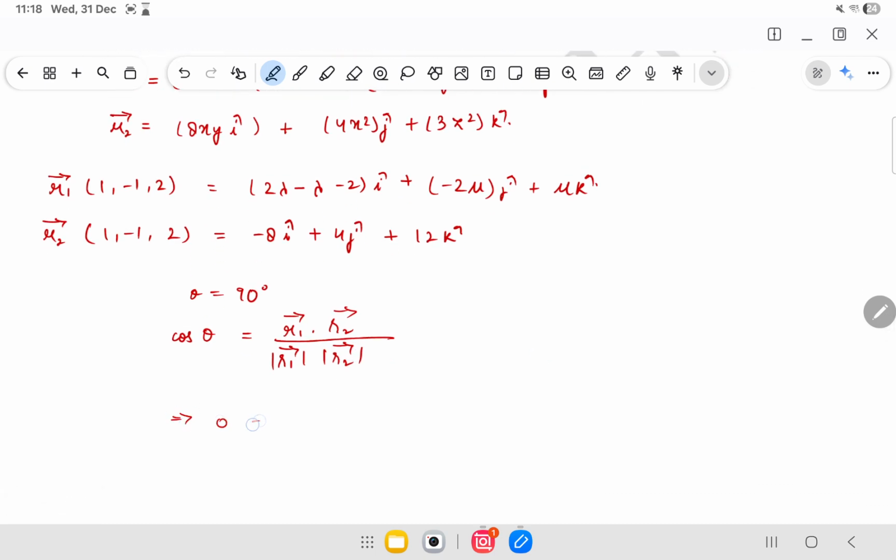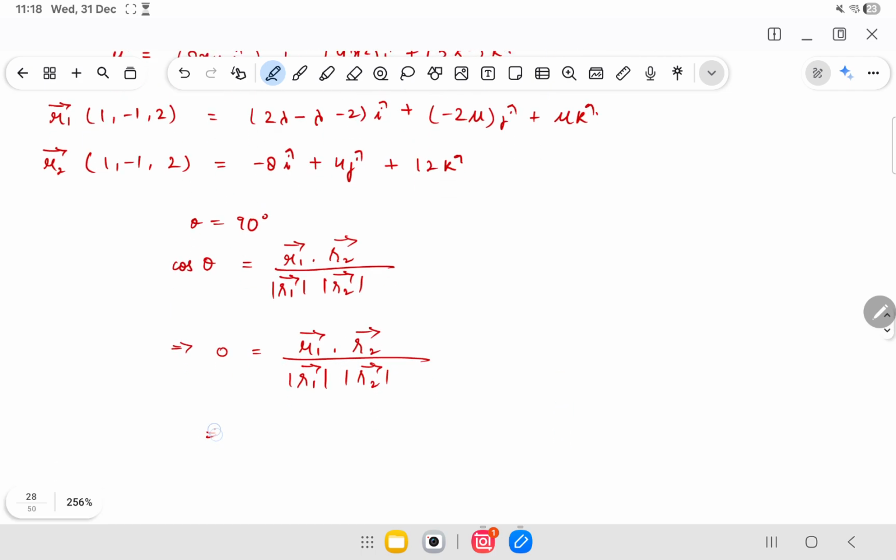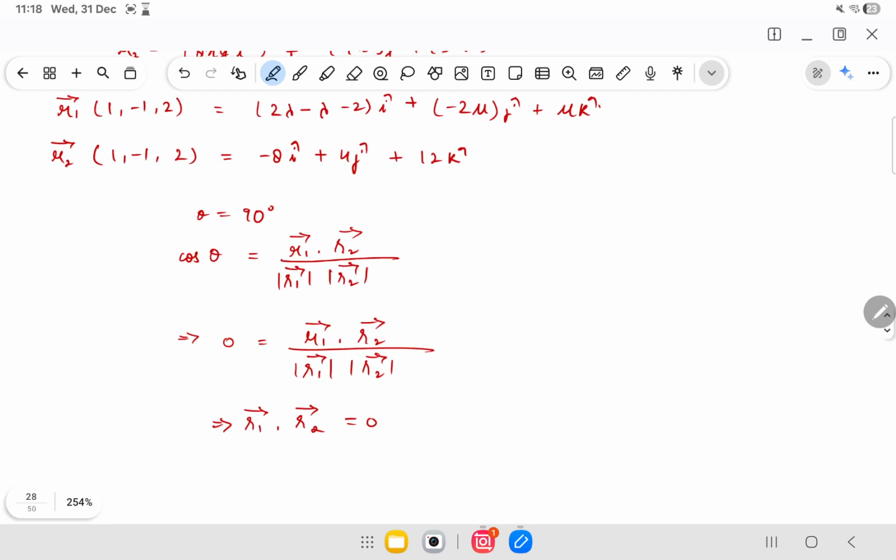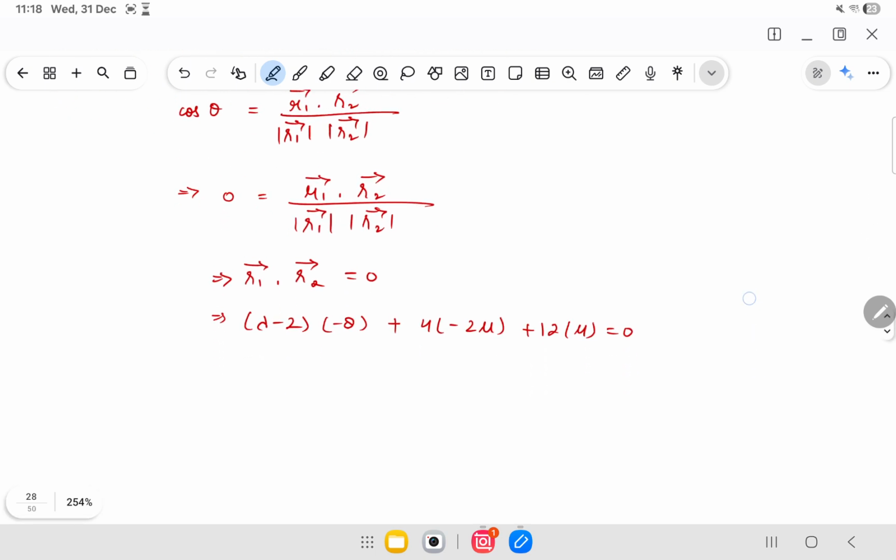So we get 0 equals r1 cap dot r2 cap divided by their absolute values, and from here the dot product of the r1 vector and r2 vector is 0. Evaluating the dot product: (lambda minus 2) times minus 8, plus 4 times minus 2 mu, plus 12 times mu, equals 0.